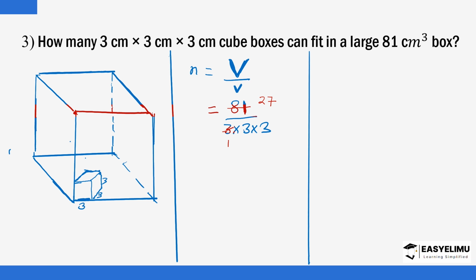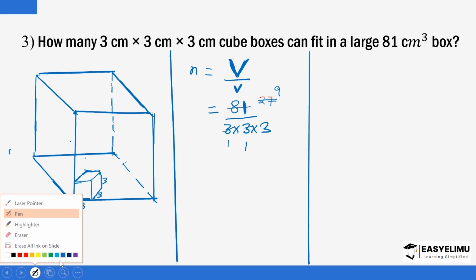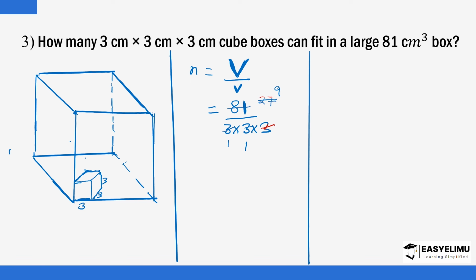Again, we have 3 here once, and 3 goes into 27 how many times? 9 times. And again, the same. So 3 here once, 3 into 9, how many times? 3 times. And so the number that we are looking for, this n, should be, because now you see we only have 3 remaining here, so this number should be 3.